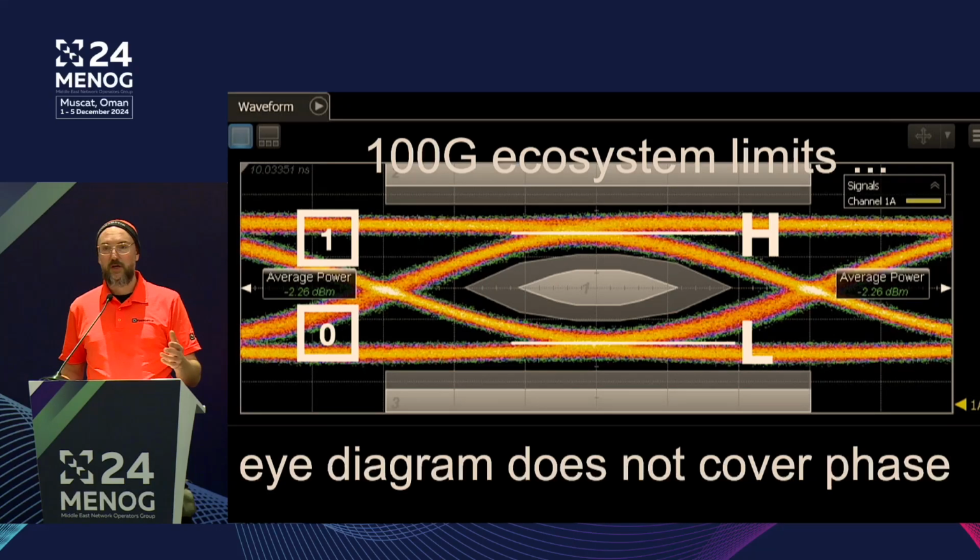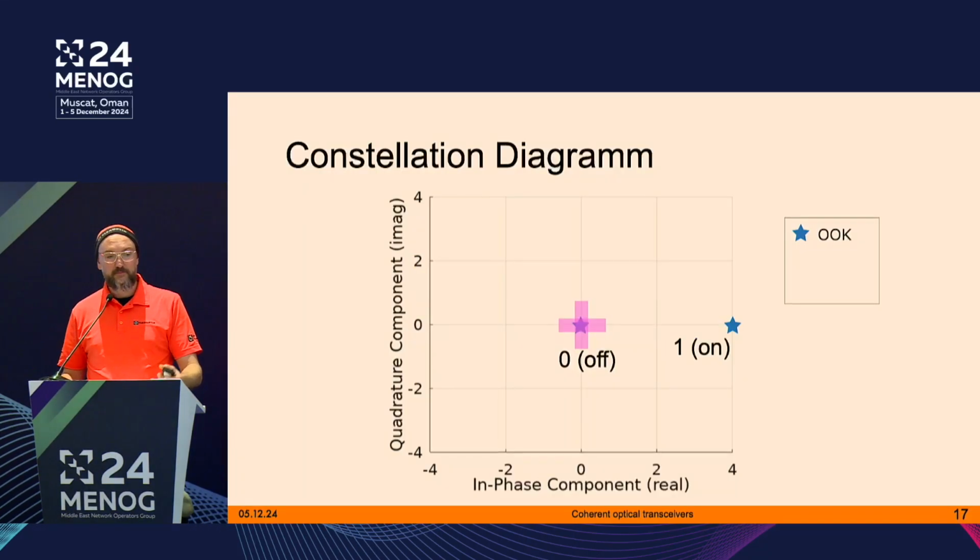Now imagine you want to show here phase, and you also want to show polarization. That's not possible. So we need something new, and we introduced the constellation diagram. So how is this constellation diagram built? On the x-axis, we have the real component, and now we make a little bit use of complex numbers, and we have an imaginary part, which is on the y-axis.